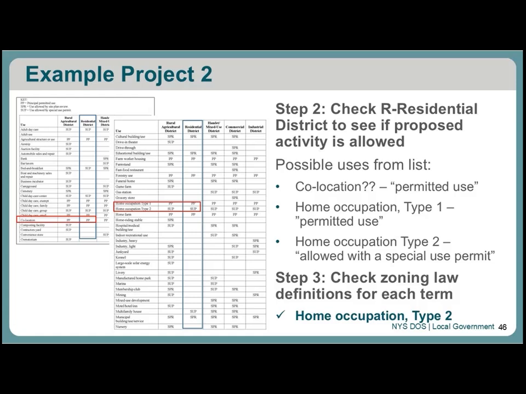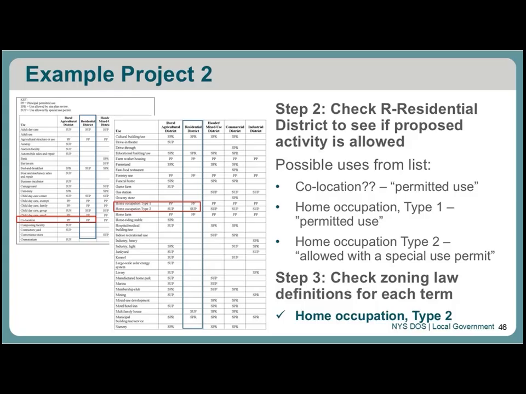So you're going down through the list of uses. In this particular case, the first thing that came up was co-location. Because there would be two uses of this property, could co-location pertain to this use? So we hold that. We see home occupation type 1, home occupation type 2, and salons, and those types of uses were not a permitted use per se in this zone.